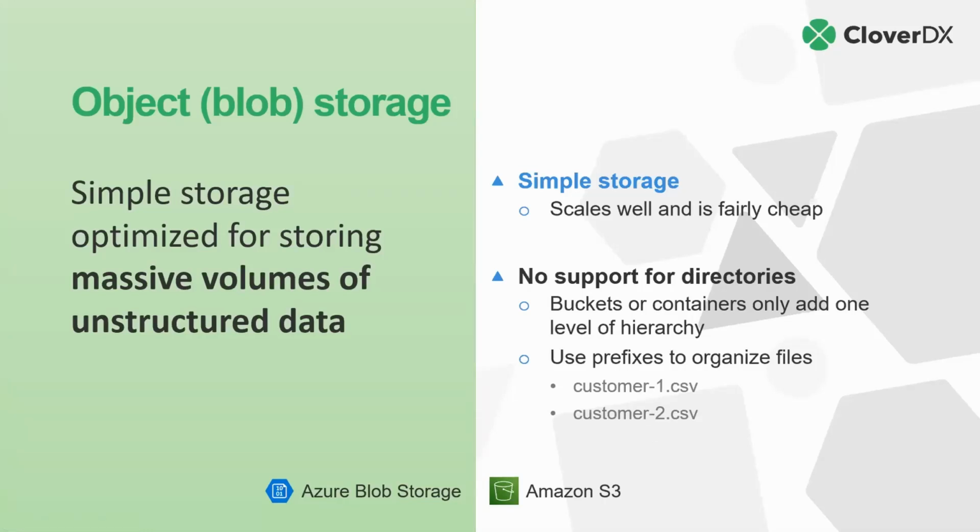And this approach of using prefixes is also used by many tools that depend on data being loaded in object storage. For example, when you are loading into Redshift or similar databases, you can say just the prefix of the files and it will load all of them regardless of the suffix. So I would be able to say just load customer and it will load both files, and typically it will do that in parallel.